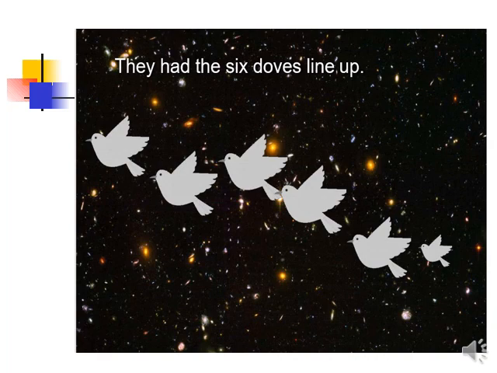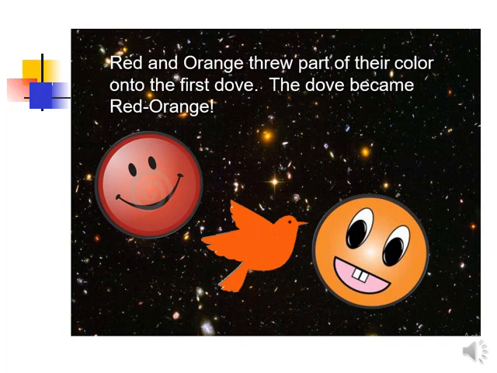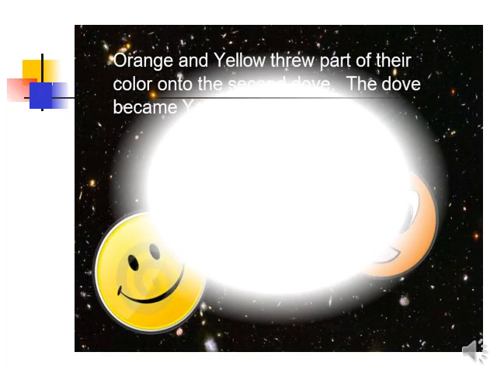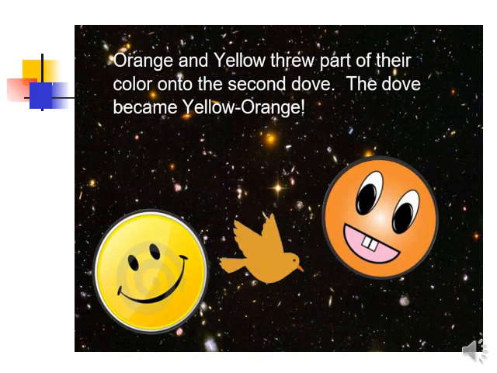They had the six doves line up. Red and orange threw part of their color onto the first dove. The dove became red orange. Orange and yellow threw part of their color onto the second dove.